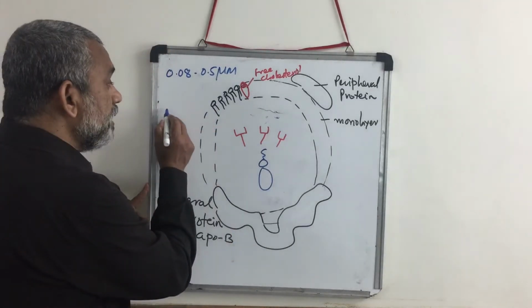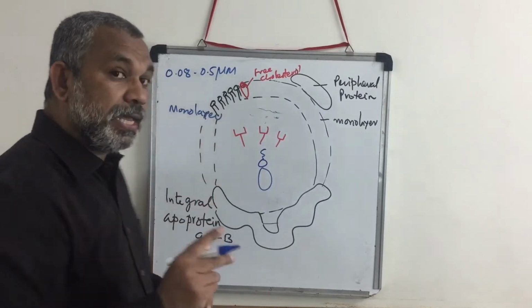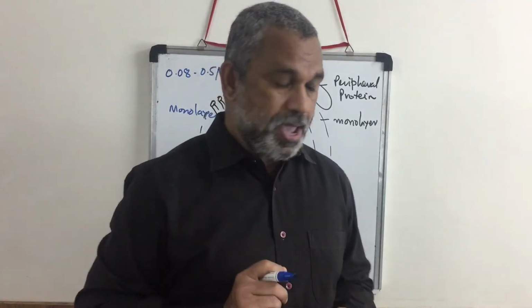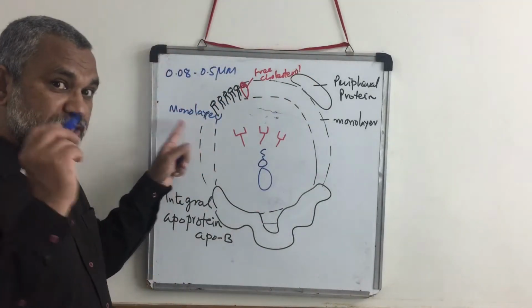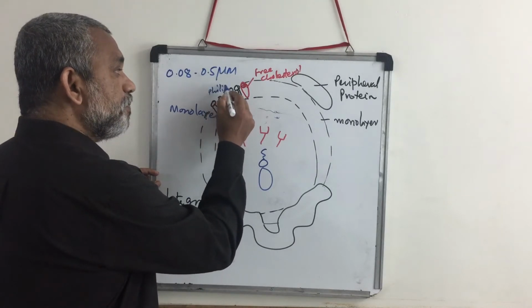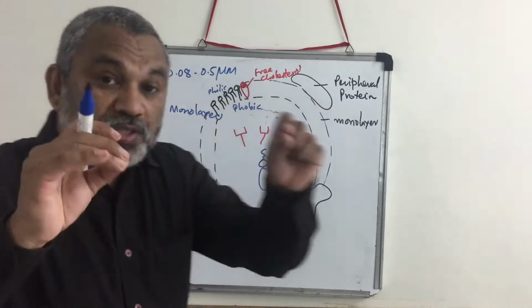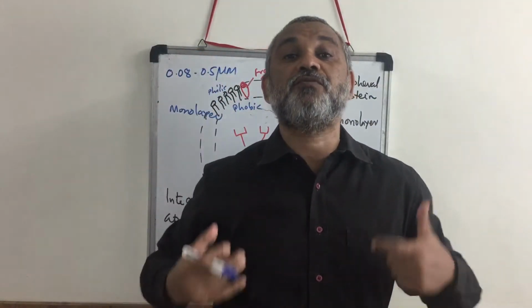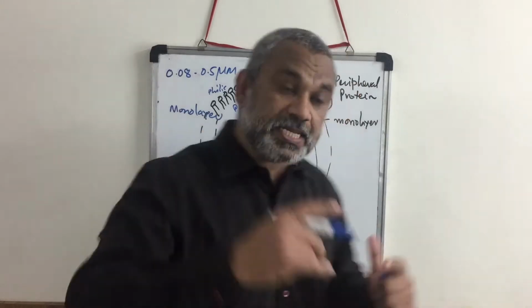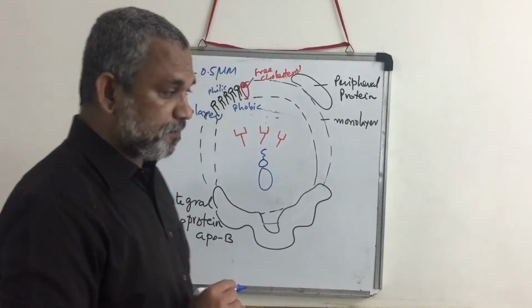And this phospholipid layer is a monolayer. That is interesting. This monolayer ensures that this side is hydrophilic in nature and this side is hydrophobic in nature, because we want to transport hydrophobic molecules. That is the reason the inner core will be hydrophobic.